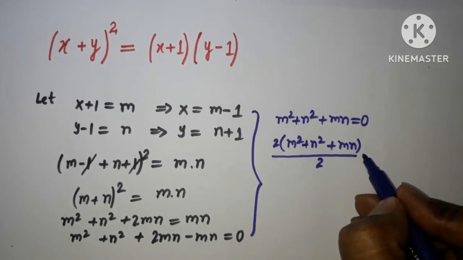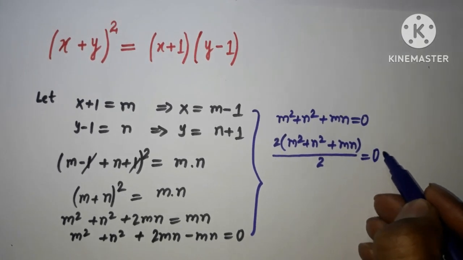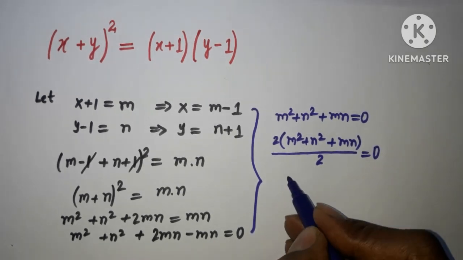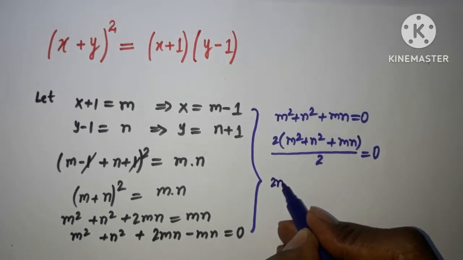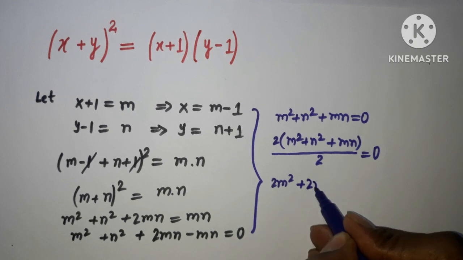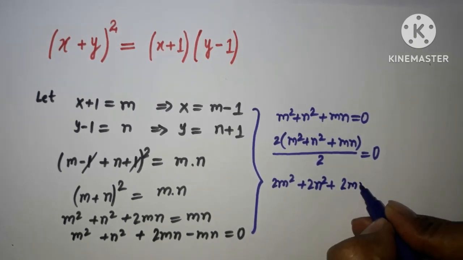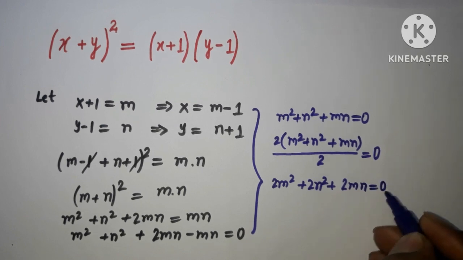If I'm multiplying, then I have to divide by 2 to balance it, and this one can be written further as 2m² + 2n² + 2mn = 0.